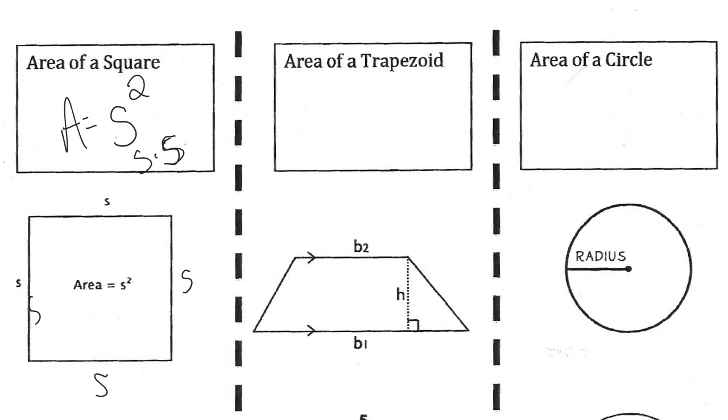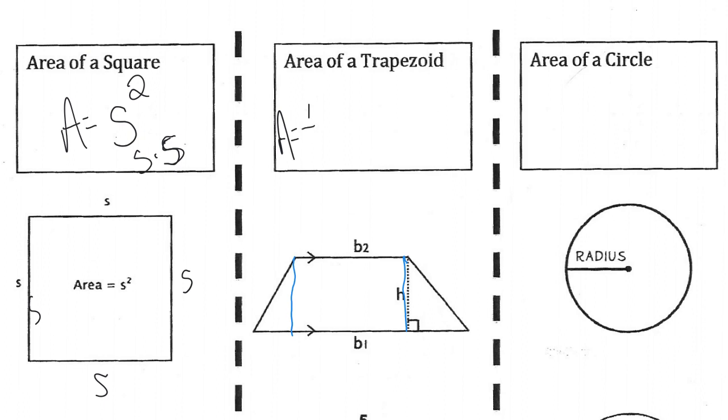The area of a trapezoid is a little bit more complex than all of the other ones. If you really think about it, a trapezoid is like 2 triangles and a rectangle together, so it's a couple of different things mashed together. Our formula is a little bit tricky here, kind of both of those formulas together.